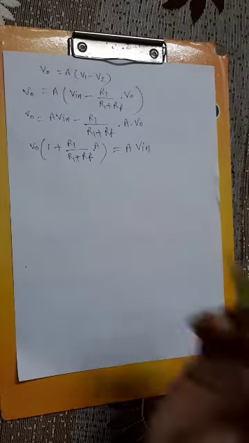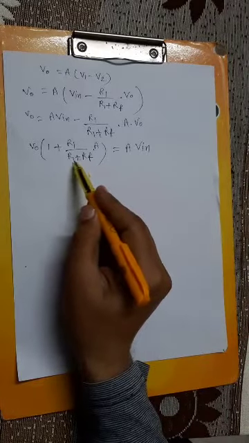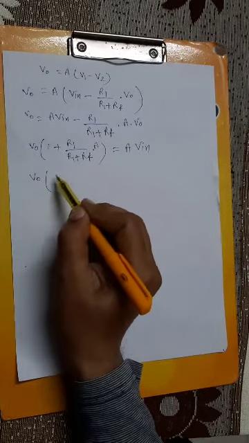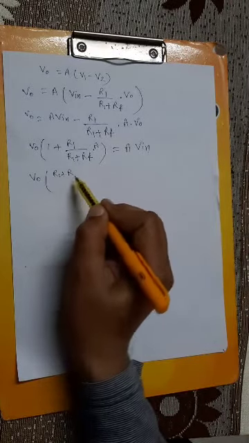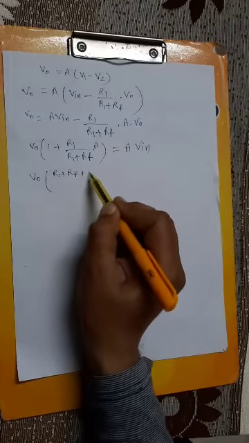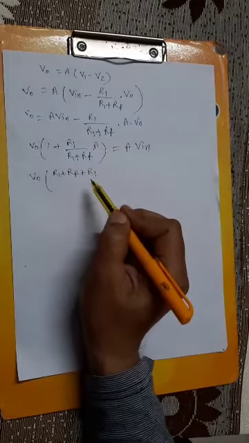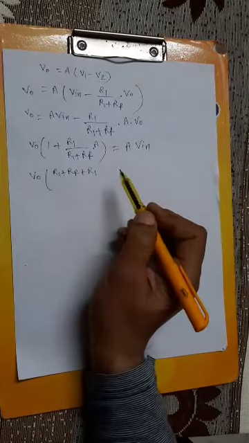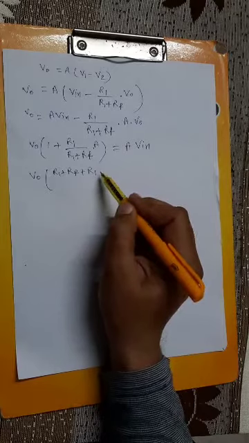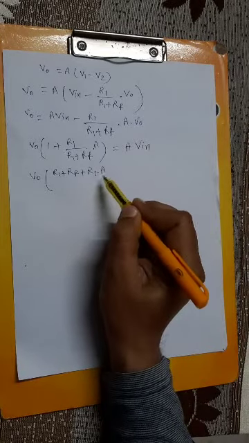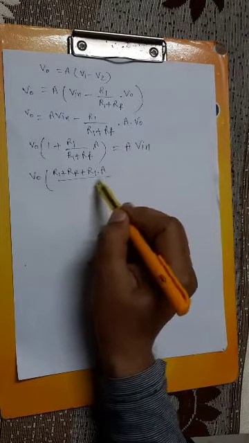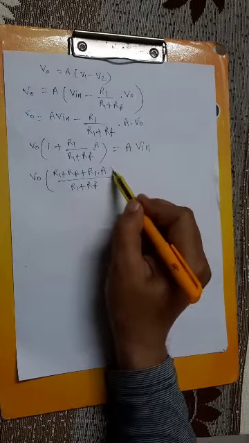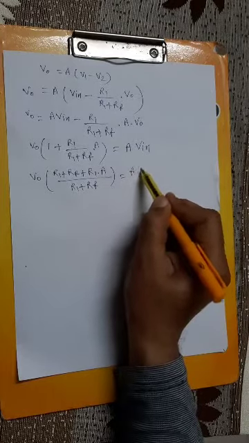Now take the LCM. So V naught into (R1 plus Rf plus A R1) by R1 plus Rf is equal to A into V input.